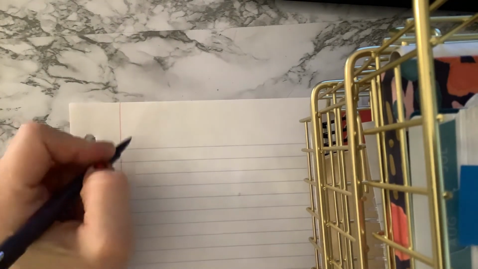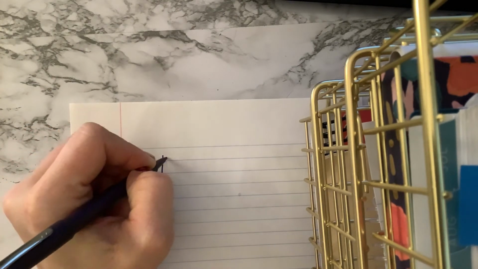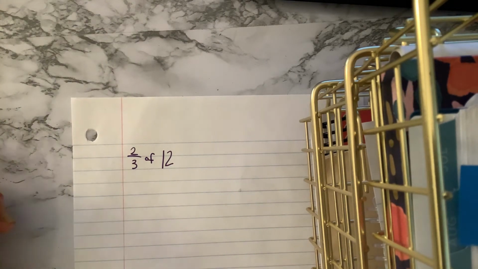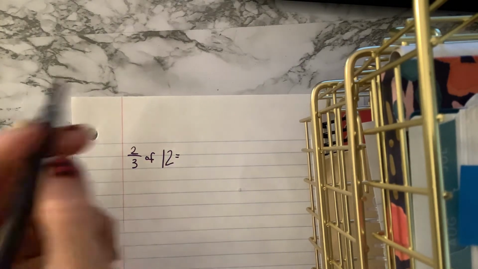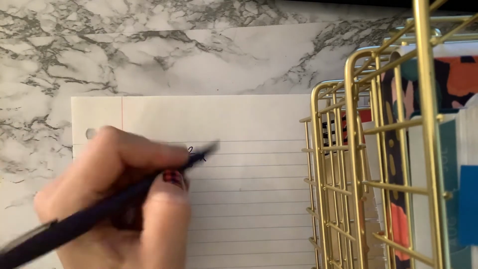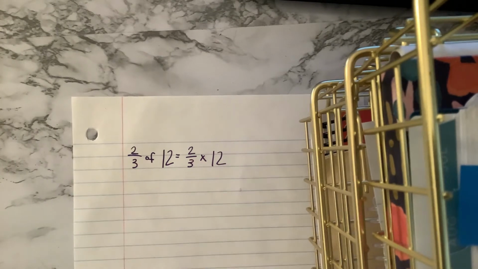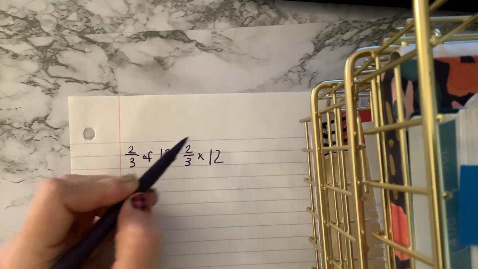But now we're going to talk about the third method that I'll demonstrate here. We're being asked what 2/3 of 12 is. Okay, this is the first question. 2/3 of 12. So remember what I wrote on the whiteboard behind me, which is that "of" mathematically is equal to multiplication. So if we're trying to find what 2/3 of something is, we multiply. This, fifth graders, should look so familiar.